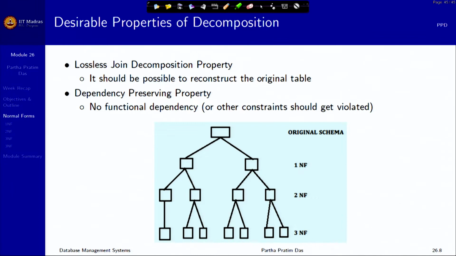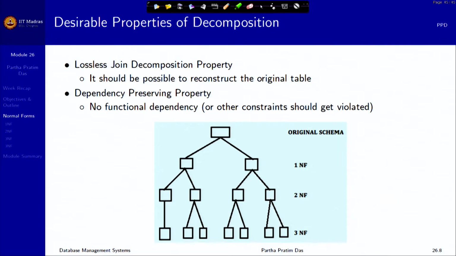The process of doing that is decomposition, as this tree shows. You start with the original schema and decompose it into smaller schemas, in a way that the smaller schemas satisfy some of the desirable properties.